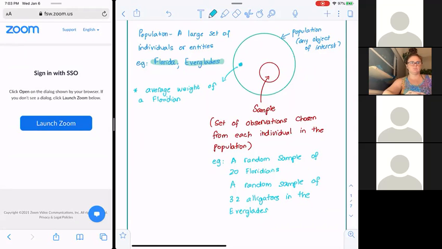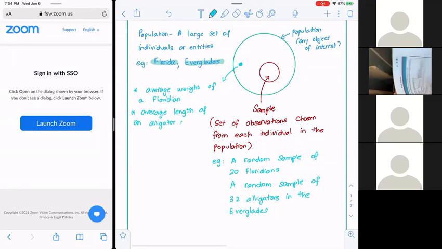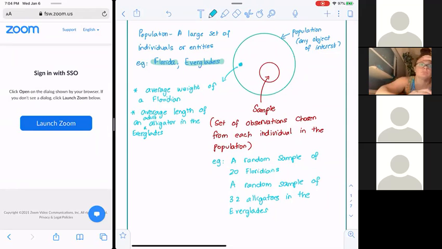So how much do they weigh? And going back to the Everglades example, let's say I would want to know the average length of an alligator. Perhaps I have to be specific here, an adult alligator. So that is also a specific quantity that I'm interested in.